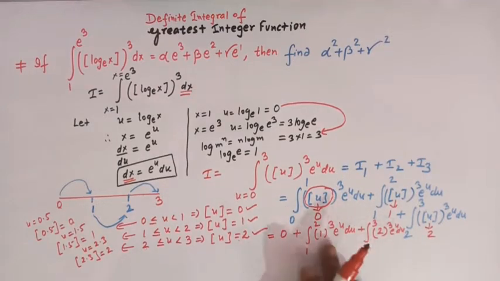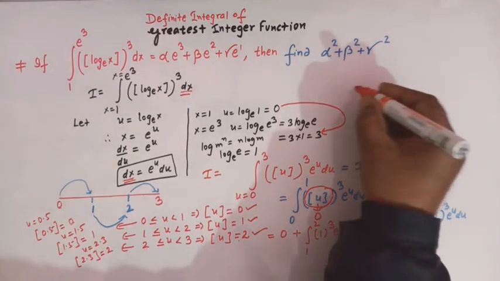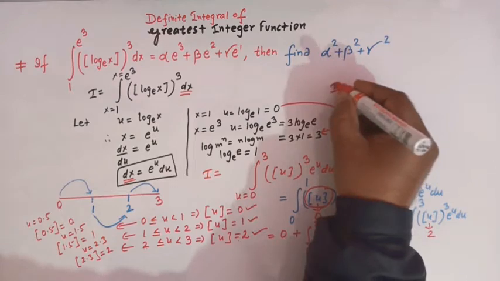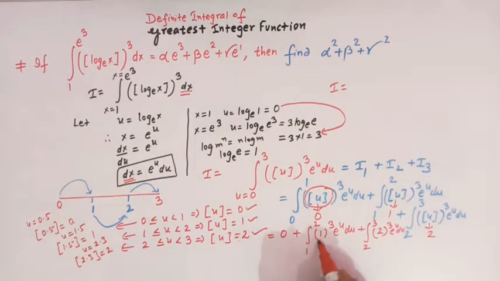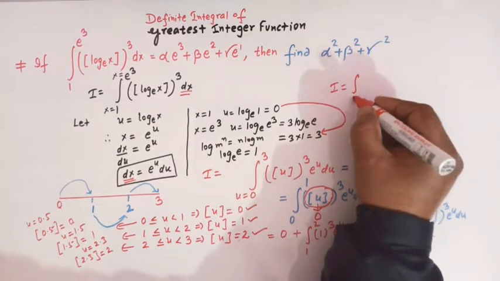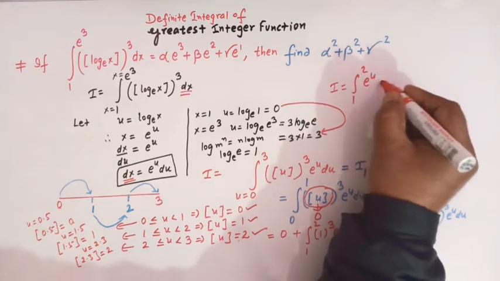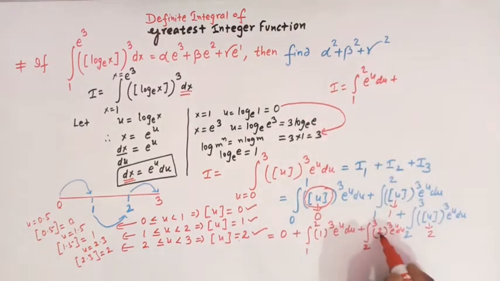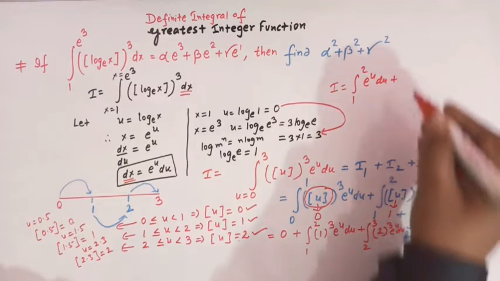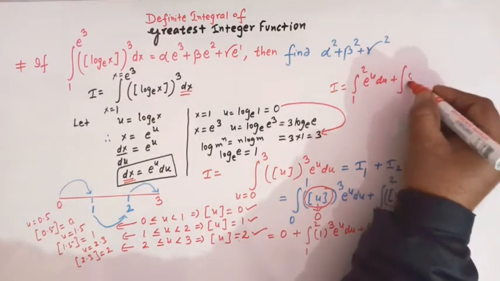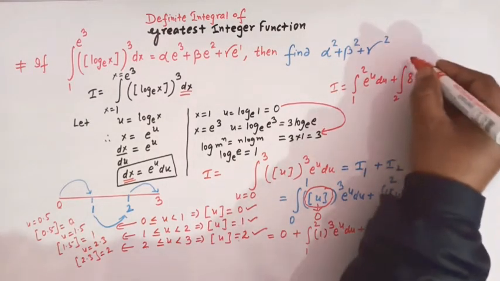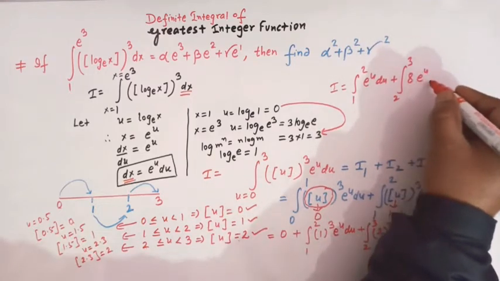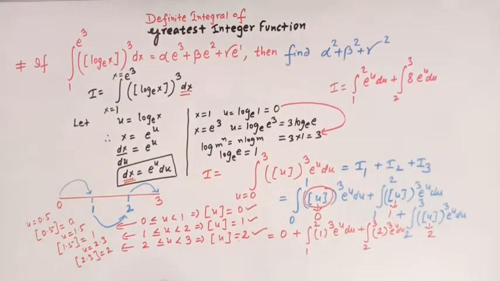So now this integral becomes, see 1 cube is 1, so we have 1 to 2 e raised to u du, and here we have 2 cube is 8, so we have 8, 2 to 3 e raised to u du.